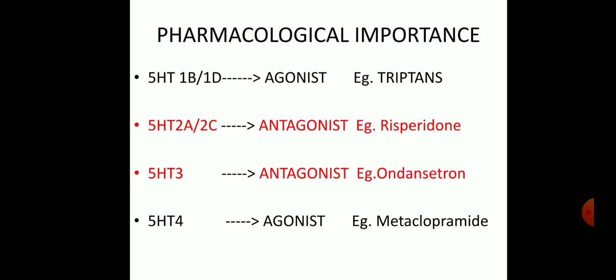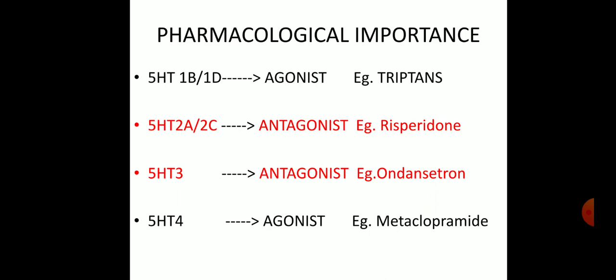Now we are going to remember which agonists and which antagonists have pharmacological importance. The 5-HT1B and 1D agonists are triptans, and the 5-HT4 agonist is metoclopramide. These triptans are used for the treatment of migraine. Migraine is a unilateral headache.